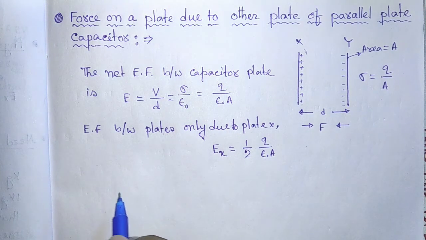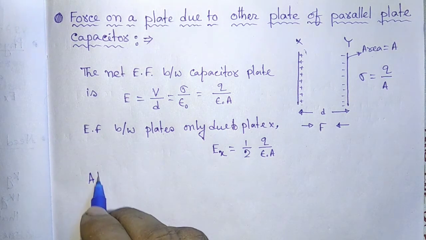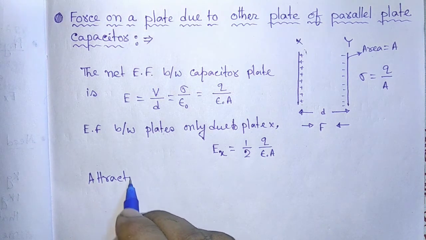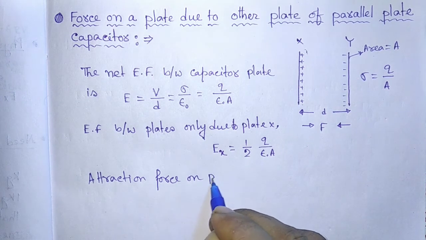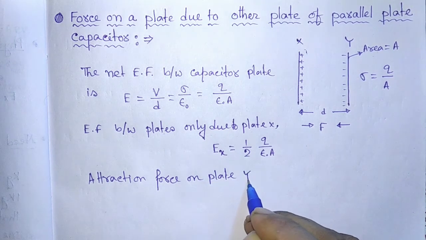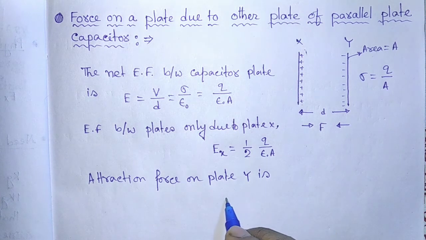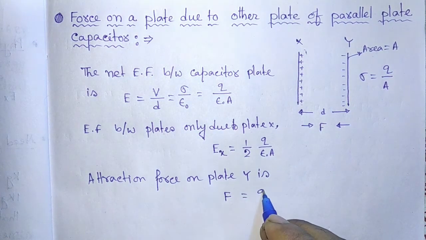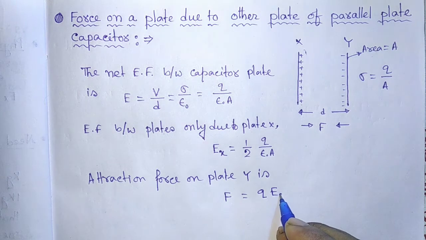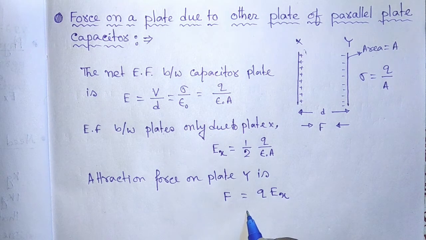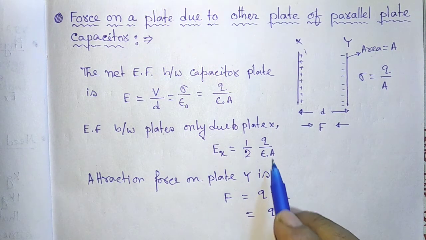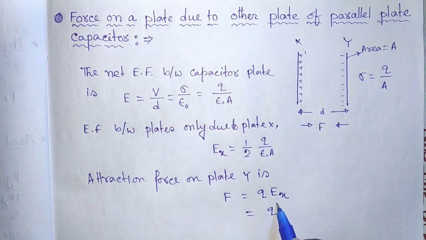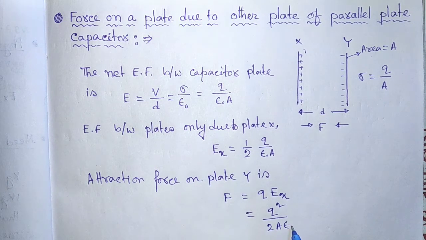Attraction force on plate Y is F equals Q into Ex. This is equal to Q times Q by 2 epsilon naught A, so Q square by 2A epsilon naught.